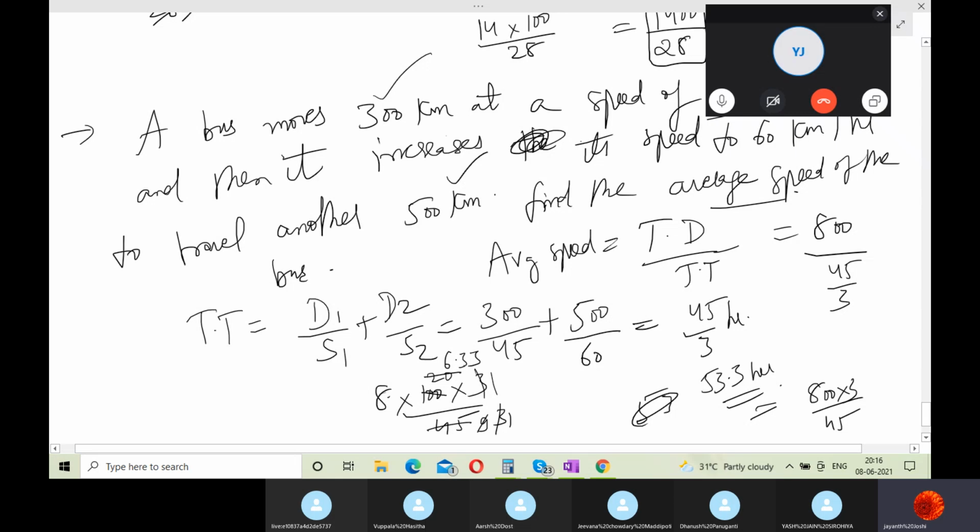Correct or wrong? Yeah, sir. So 6.33 into 8 is what? It will be like 6.3333, it will be going on. Okay. So 8 into 100 into 3 by 45, 6.3333 will be going on.